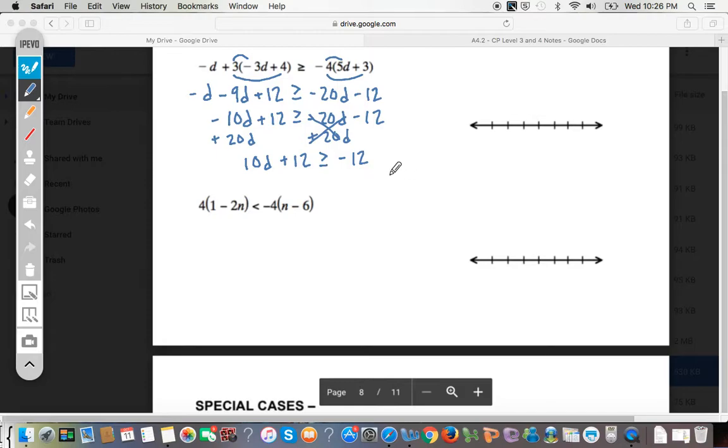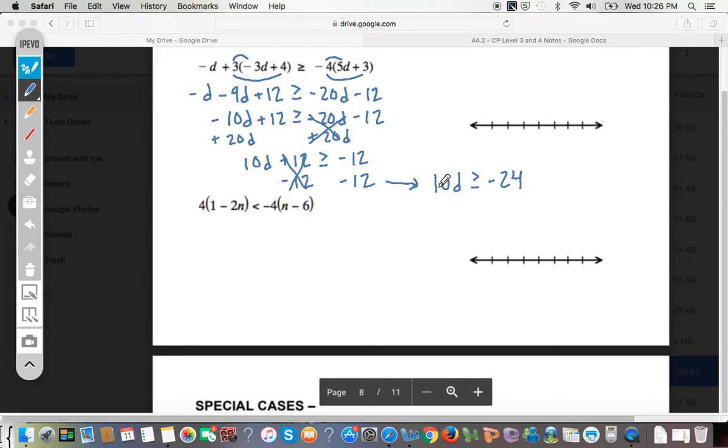Okay, so now I'll subtract 12 on this side and subtract 12 on this side. Okay, these will cancel. I'll head right down here. So I have 10d is greater than or equal to negative 12 minus 12, which is negative 24.